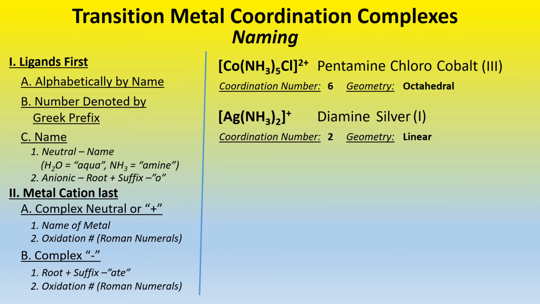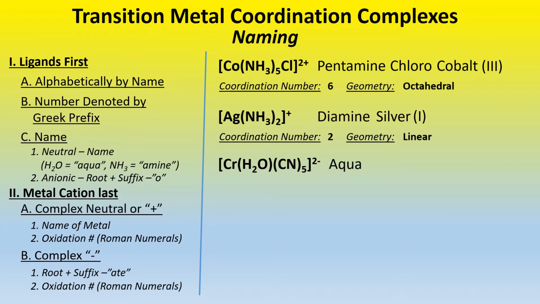Third example, looking at all the possibilities. You see a complex Cr(H2O)(CN)5, the cyanide ion, if you recall from General Chem 1, 5 times, with an overall charge of -2. Water is known as aqua.